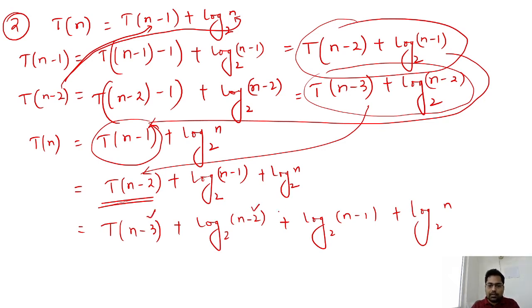Here there is 3, here 2, 1, nothing. So if we are running for k times, it's reducing somehow. Let us assume that we are running for k times.